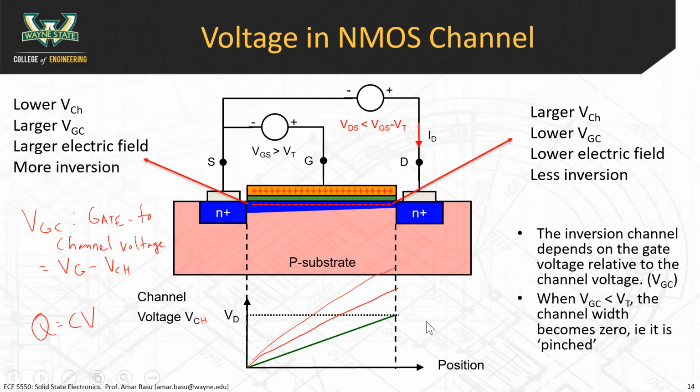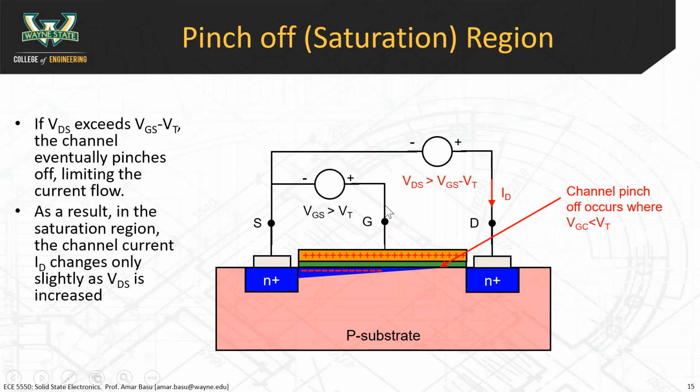At some point, if the channel voltage gets too large, and the way we define that is when the drain to source voltage is greater than VGS minus VT. So this is your VGS here. Subtract out VT from that. If the drain voltage is larger than VGS minus VT, you get this effect, which is what's called a pinched off channel.